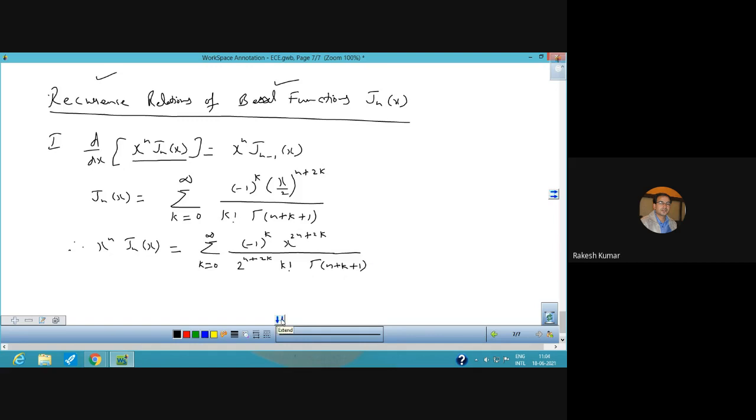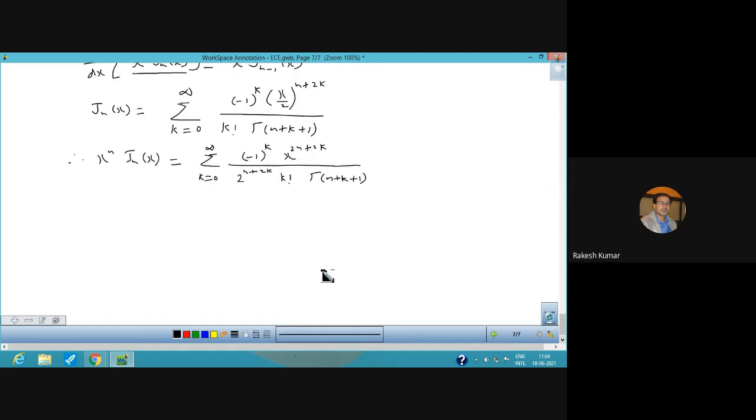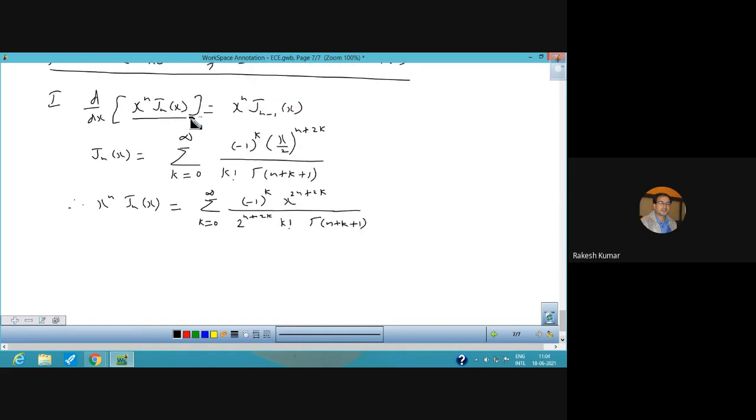Now we have to find the derivative of this term. Name it as equation number 1.